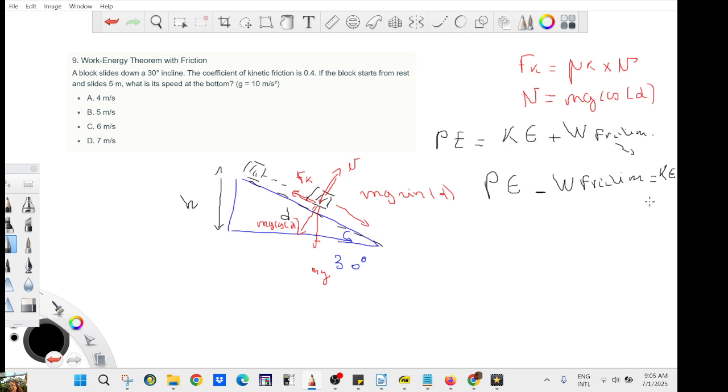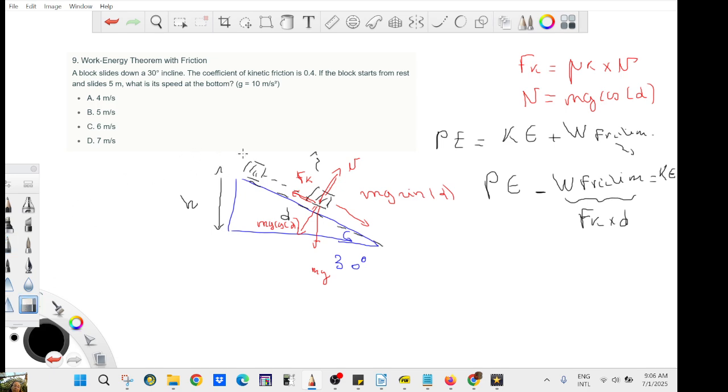So at the end, you're going to have kinetic energy. At the beginning, you're going to have potential energy, and some of the potential energy is lost to heat because of the work done by friction. And the work done by friction is just the force here, kinetic friction, times the distance.